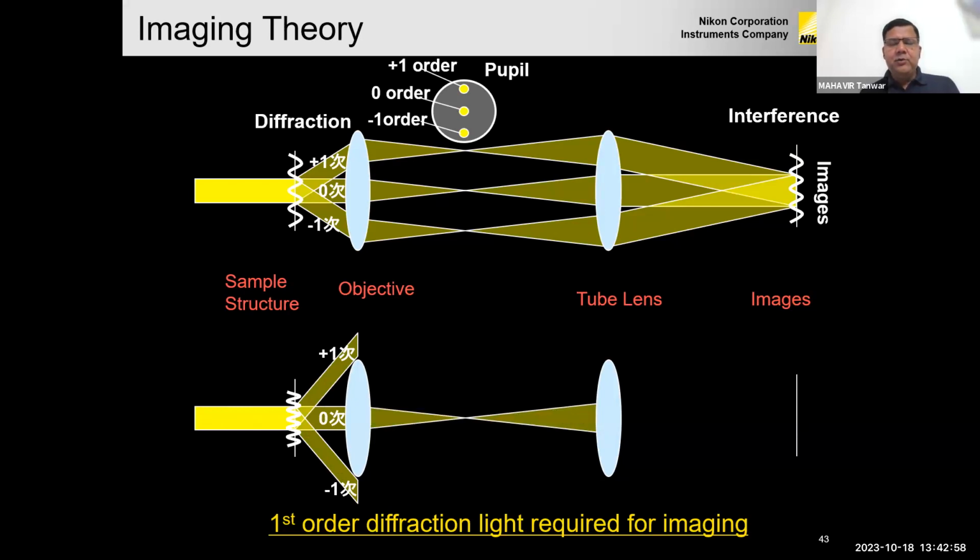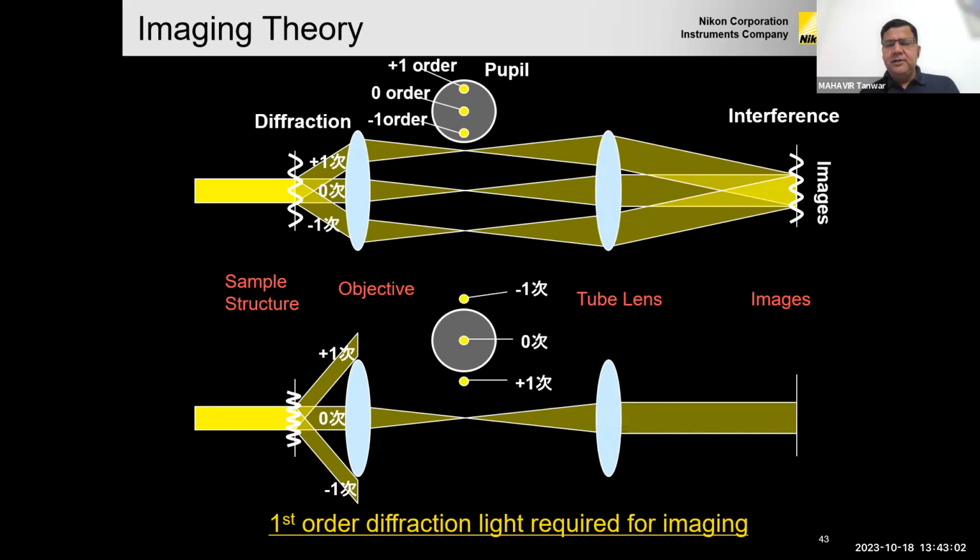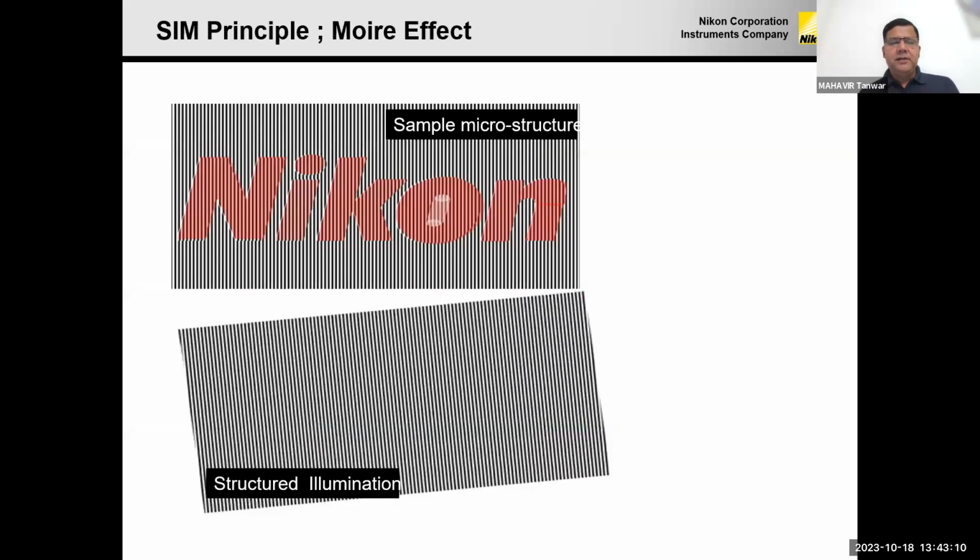So what is happening here? Only the 0 order is going in, which is the conventional image. Basically, no extra information is coming. Our idea is to capture -1 and +1 inside. So now how do we do it? Every sample has some kind of a spatial frequency.